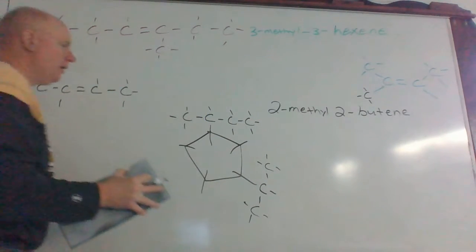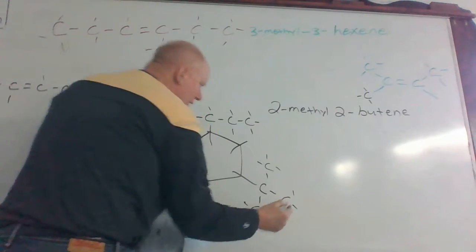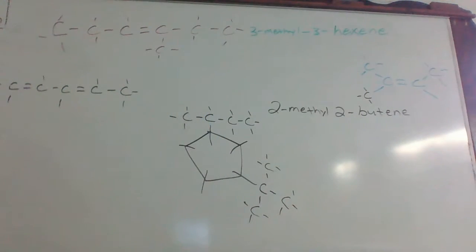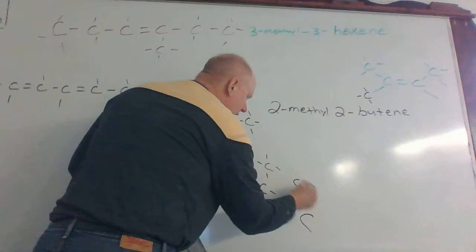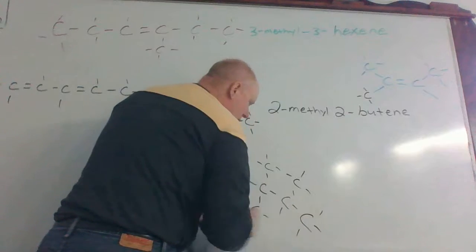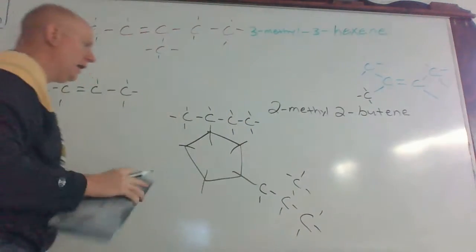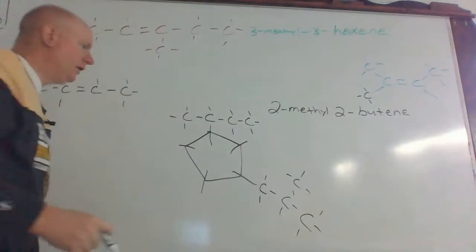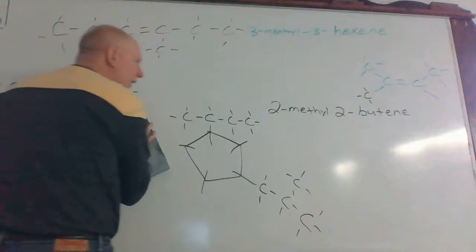Okay, then if we have 4 carbons in this manner, now we've got tertiary butyl, and if we attach it in this manner, then we've got isobutyl. Okay, so those are your derivatives quickly as a review.